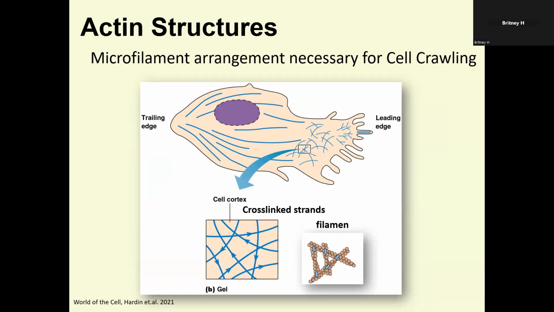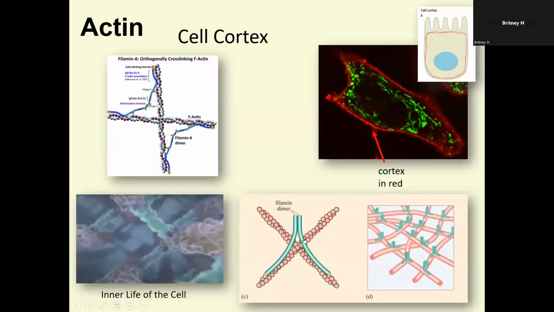And then you've got filamin, which is a dimer. It will bind to one microfilament and then bind to another, and then that binds to a different microfilament, and that's going to kind of spot weld two crossing microfilaments together. And again, here, this kind of looks two-dimensional.